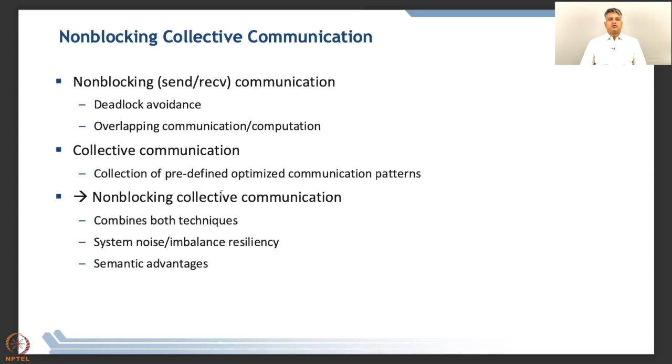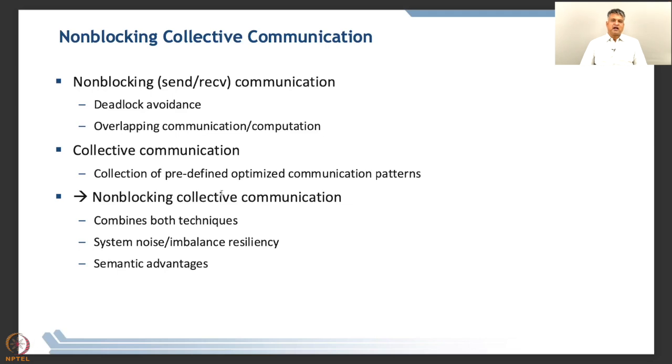Similarly, you have non-blocking communication. If you look at non-blocking sends and receives, it basically does deadlock avoidance. What do we mean by that? If you have a send, you need to have a corresponding receive in another MPI process. Now, until this receive is done, the program at the other end will not proceed ahead.